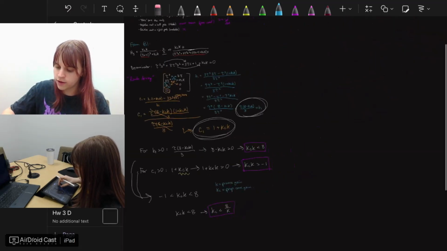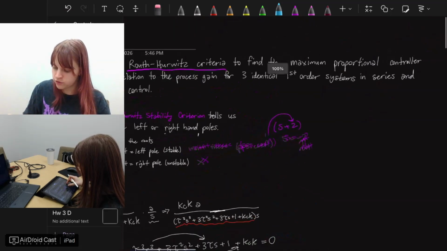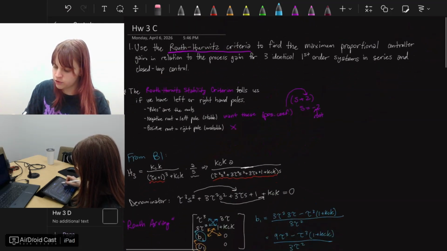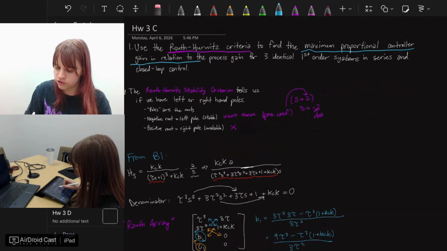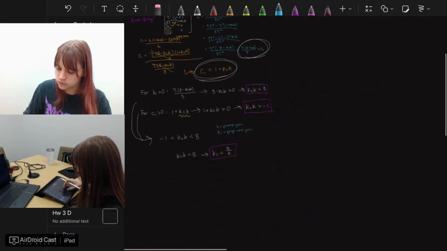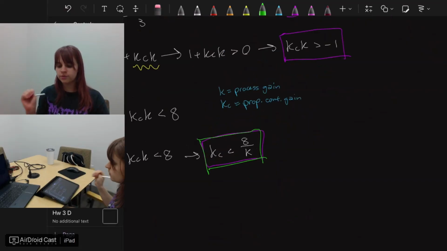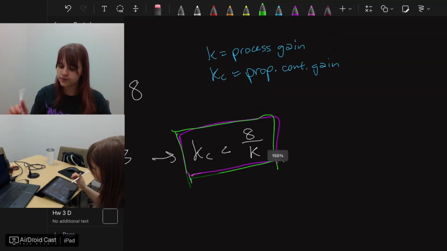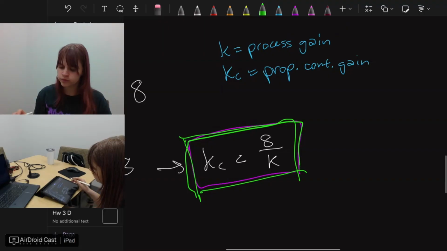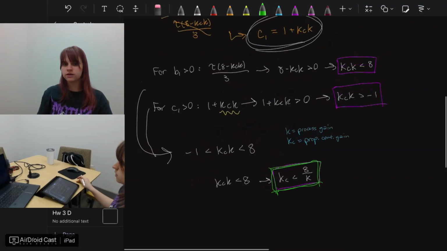Our goal for this part was to find the maximum proportional controller gain in relation to the process gain, and that is what we have right here. When we're looking at the bound for Kc, when we're slightly below, at, or above this, that's what we're going to simulate.